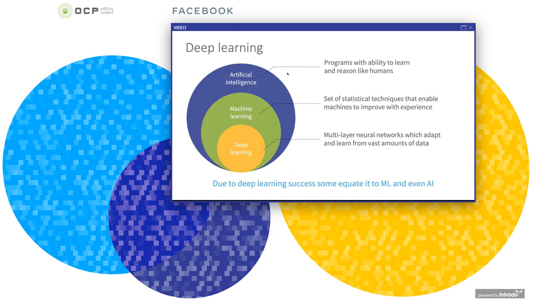And deep learning is a subfield of machine learning that uses multi-layer neural networks which adapt and learn from vast amount of data. Due to deep learning success, many people equate machine learning and AI, but these are actually different, as we have shown on this slide.